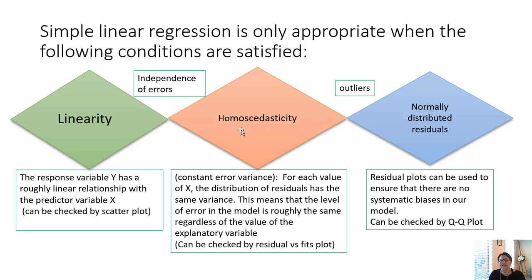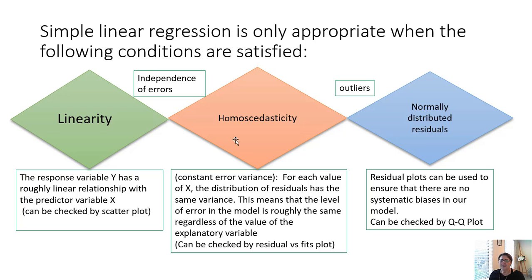And then we talk about the homoscedasticity assumption, which means that the error terms have constant variance. You remember that the error was the difference between the observed value y and the fitted value y hat. Now, those error residuals should have constant variance.